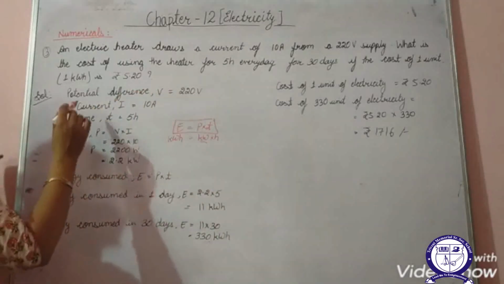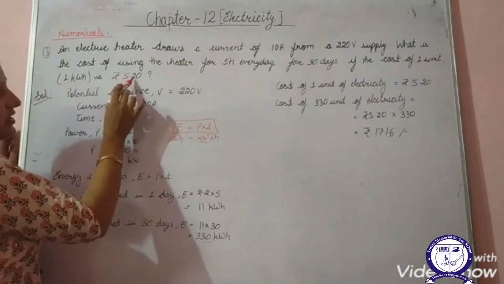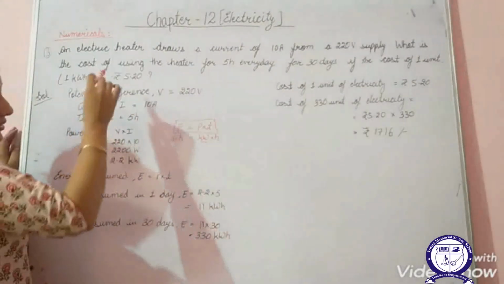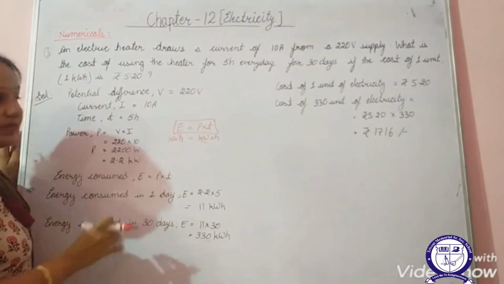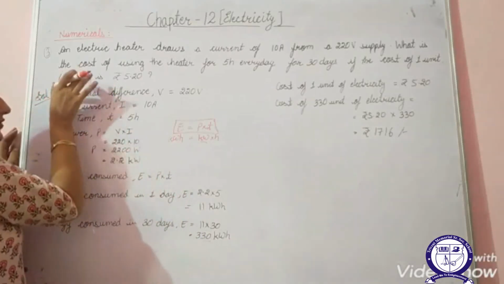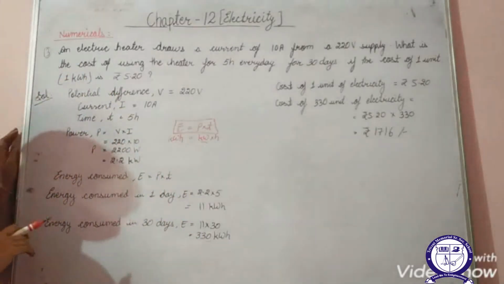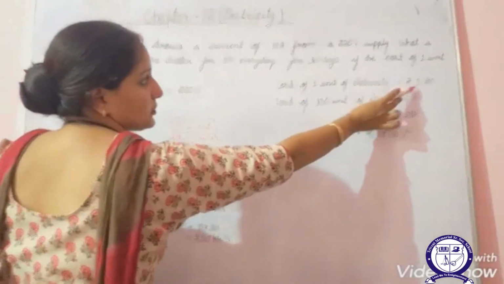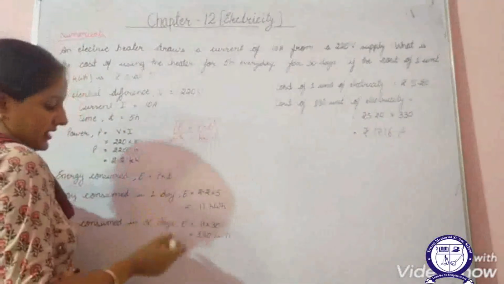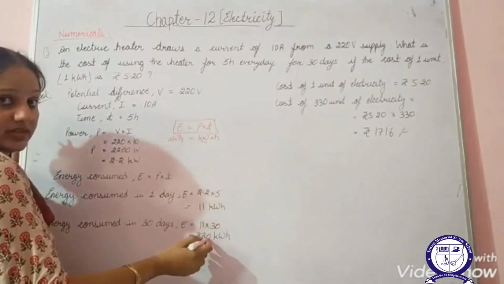Now the cost of 1 unit of electricity is given as rupees 5.20. 1 unit and 1 kilowatt hour are one and the same thing. Basically we are using the term unit for 1 kilowatt hour. The cost of 1 unit is rupees 5.20 and in total we have 330 units.